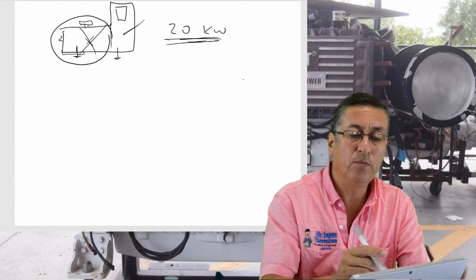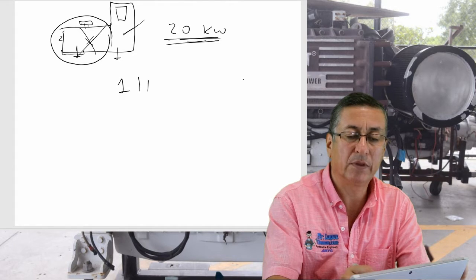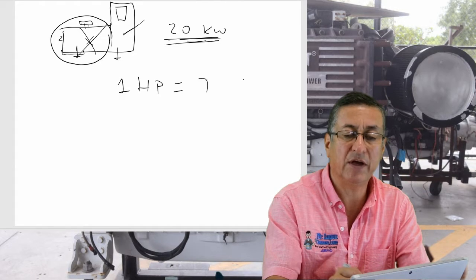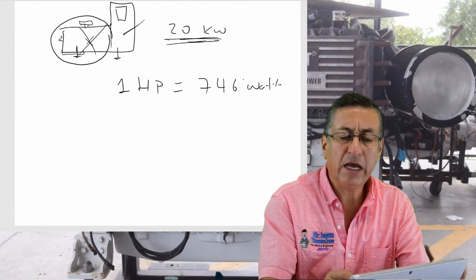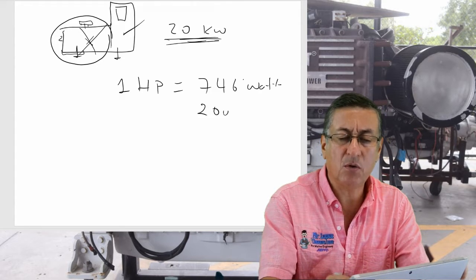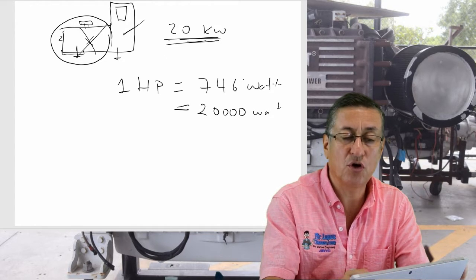Okay, you know that 1 horsepower is equivalent to 746 watts. Right now I have 20,000 watts. How much horsepower is that? This is the question.